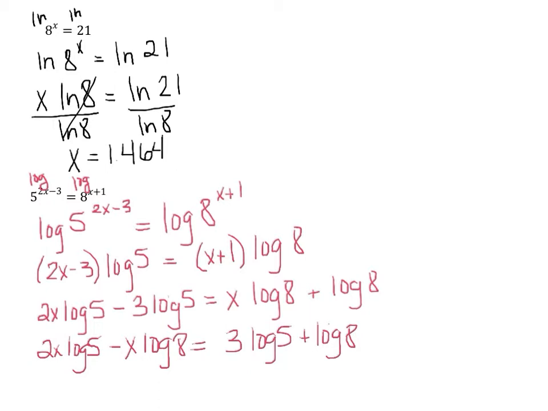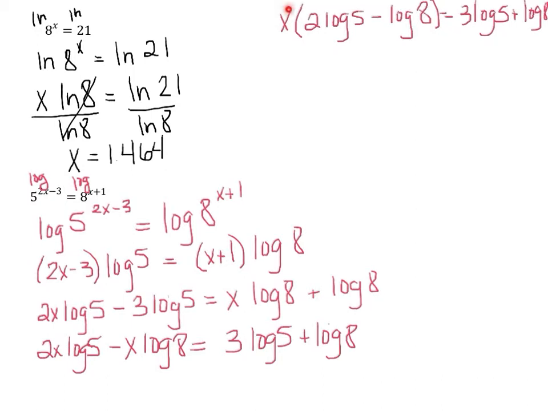So now you might be thinking, well, why on earth did we bother doing that? Well, now I can factor this x out, and I'm going to come up to the top over here to finish this problem. So I factor out the x, and now, because I'm multiplying x times this term, I can divide both sides by this.